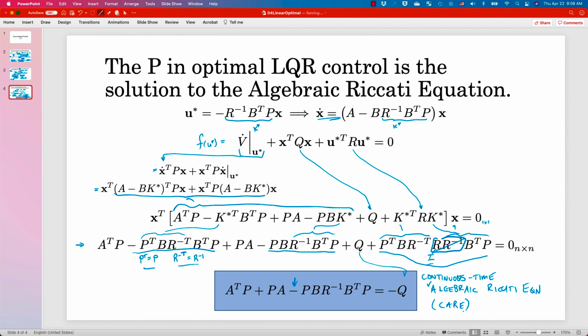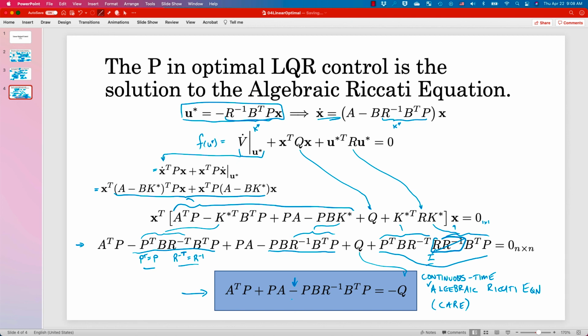So the P that gives us our optimal control is the same P that solves this expression. Everything else in this expression is known. A is known, B is known, R is known, Q is known.